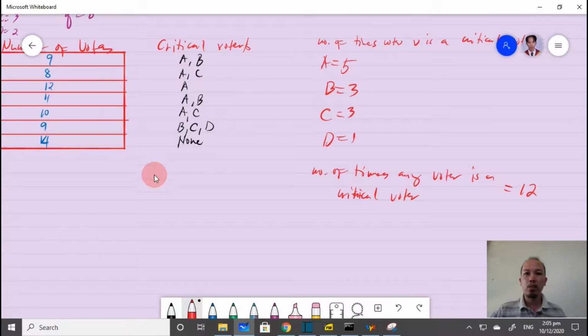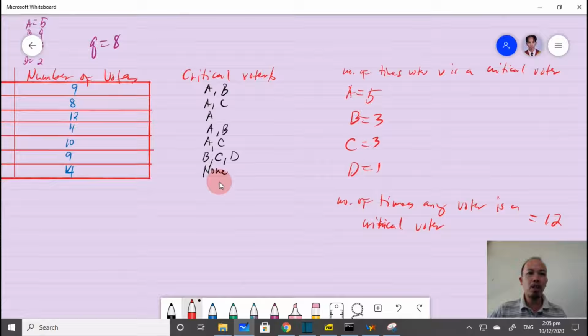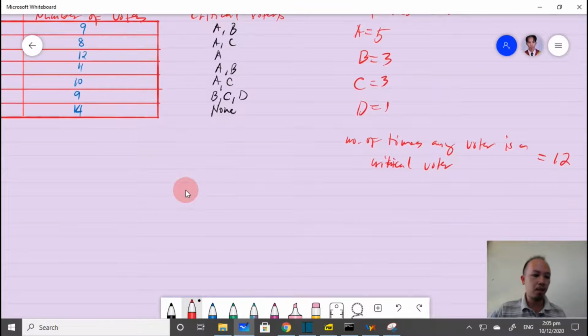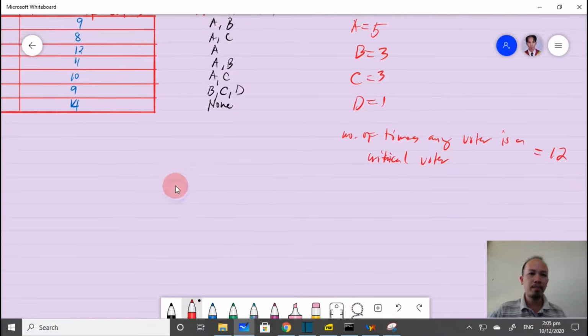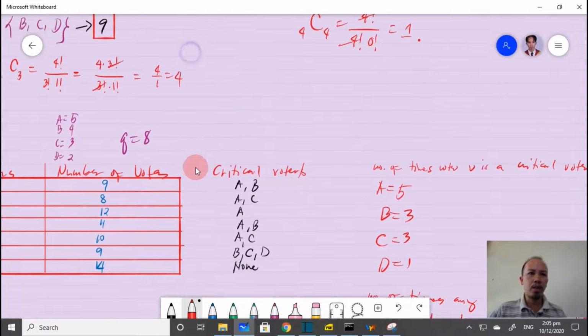So the formula for the Banzhaf Power Index, or BPI, is this one here.